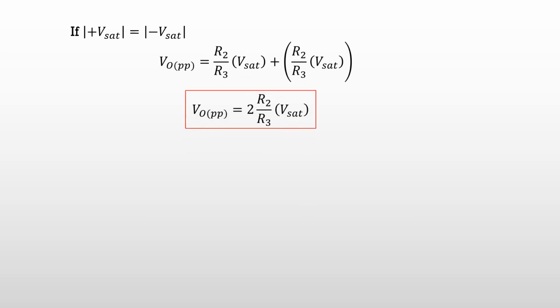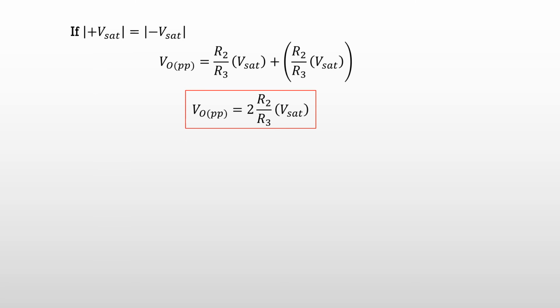suppose we consider the magnitude of plus Vsat equal to the magnitude of minus Vsat. Normally it will be nothing but VCC itself, plus 12 volt and minus 12 volt. So the amplitudes will be the same, and if we substitute this value, we get the expression for V naught peak to peak as 2 times R2 divided by R3 times Vsat.